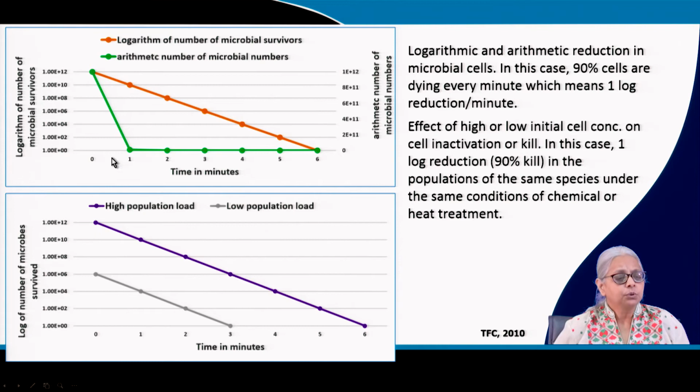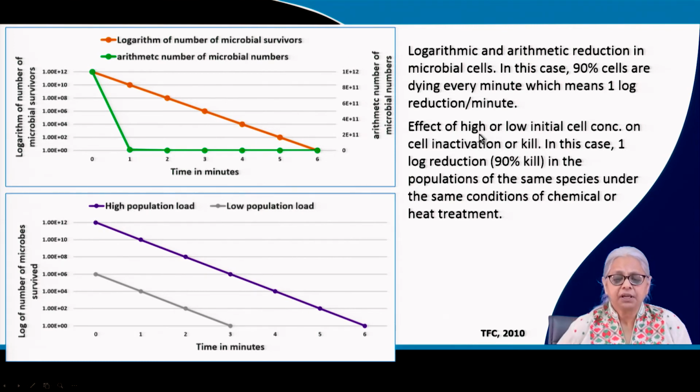What you see over here is a logarithm of the number of microbial survivors, and on a log scale you see the orange line. On a log scale this is log linear: time is in minutes, a linear scale, and the y-axis is a log scale, so you have a straight line. If you were to do it in terms of arithmetic numbers, you would get exponential decay, and that is what you see with the green line.